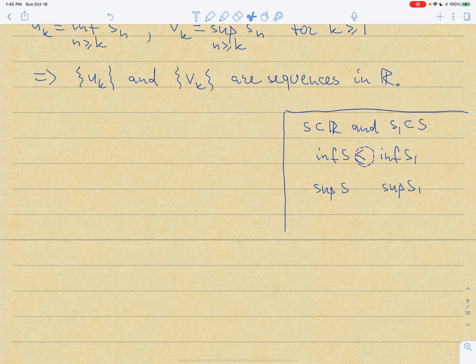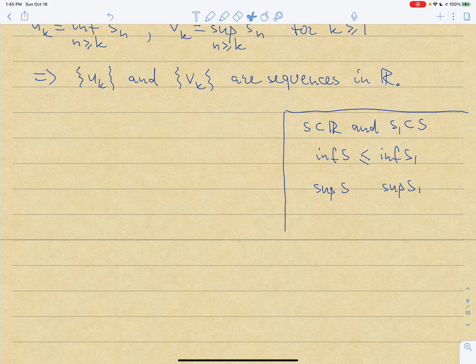And a similar thing should happen to the suprema. If I have a set capital S, and I take a supremum of this capital S, and then I start removing elements. So if I remove an element from a capital S, what will this do to the supremum?